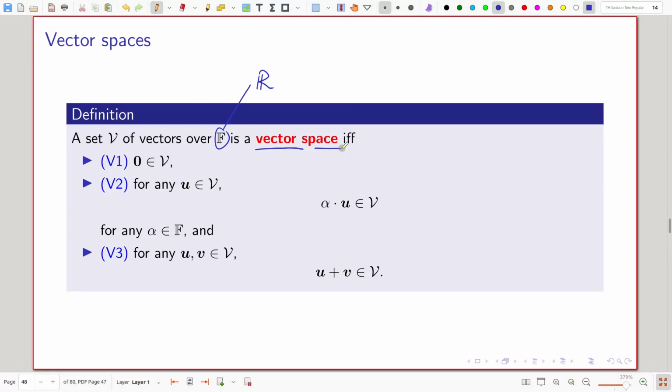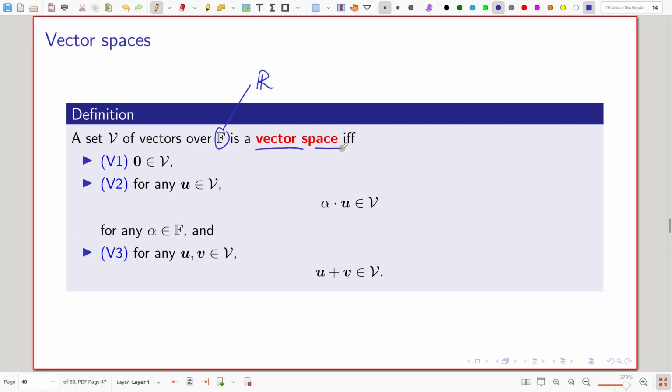Mathematically we say that this set is closed under scaling. When we say it's closed under some operation, we take a vector from that set, perform some operation, and the resulting vector also remains in the set.